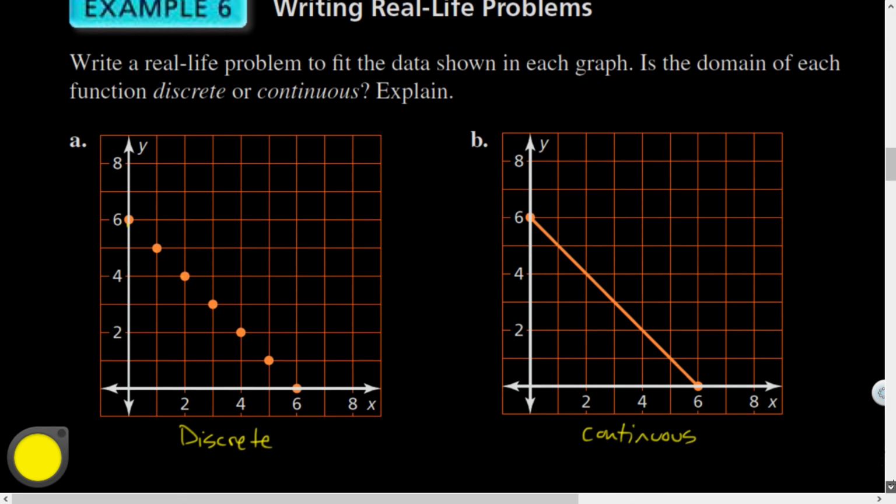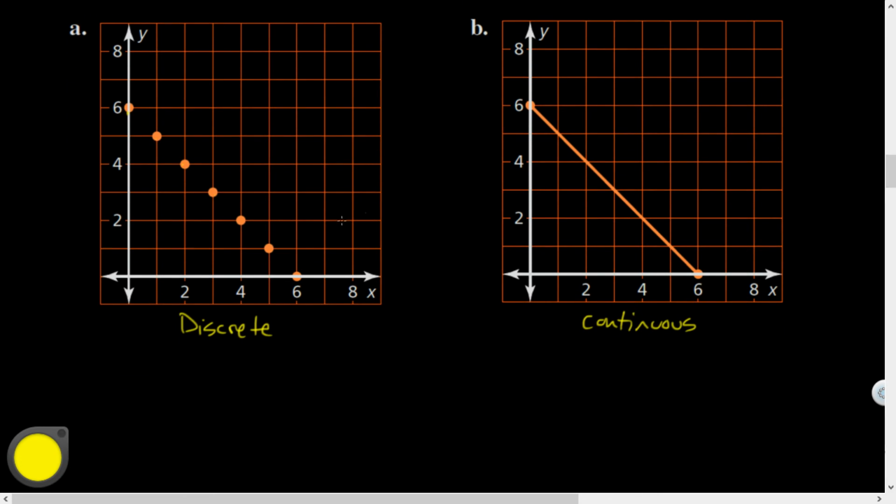Now, if I wanted to come up with a sample situation, let's first look at what the rate of change would be. So this one is down 1 over 1. So for every 1 that this x increases by, I lose one of these y's.